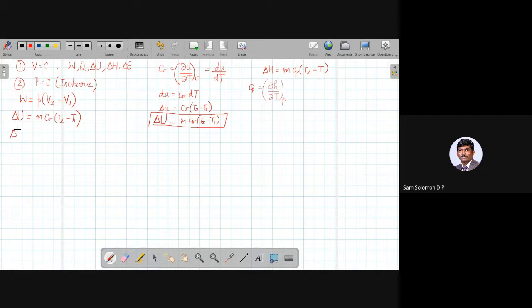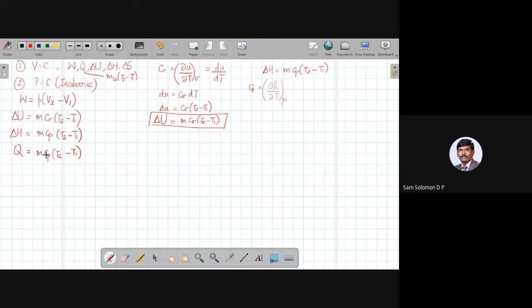So that will be the case here also. And for Q, the heat transfer for a constant pressure process, you can write this as mcp times T2 minus T1. If you look at the isochoric process, your heat transfer was mcv times T2 minus T1 because volume is held constant and so you have Cv. Here pressure is held constant, so you have Cp.